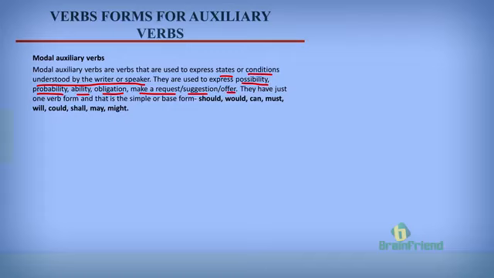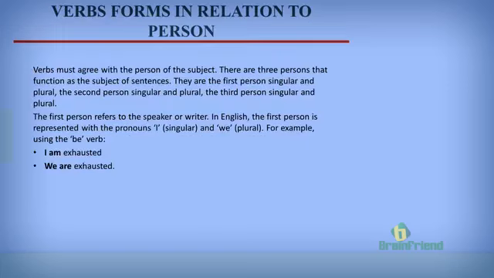And so they appear as they are, like should, would, can, must, will, could, shall, may, and might. So modal auxiliary verbs do not have verb forms. They have just one verb form, which is the base form of the verb.